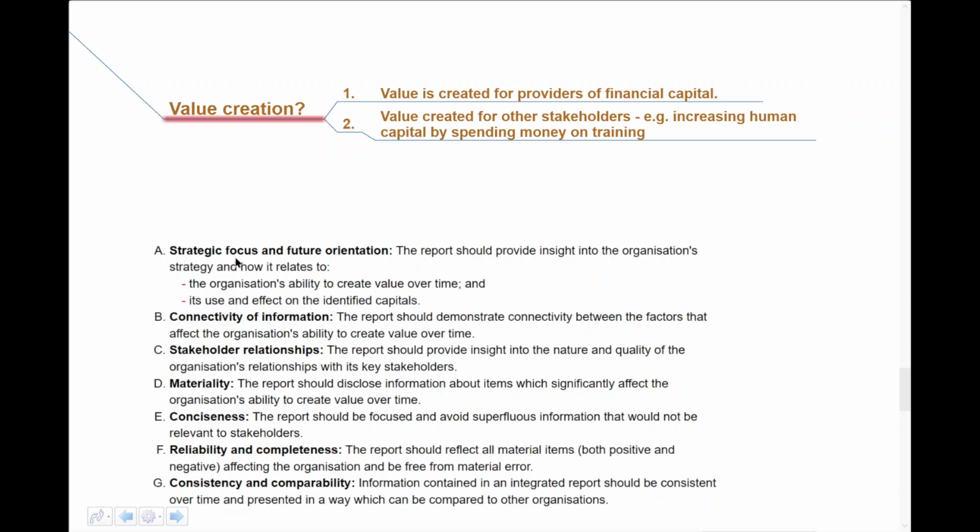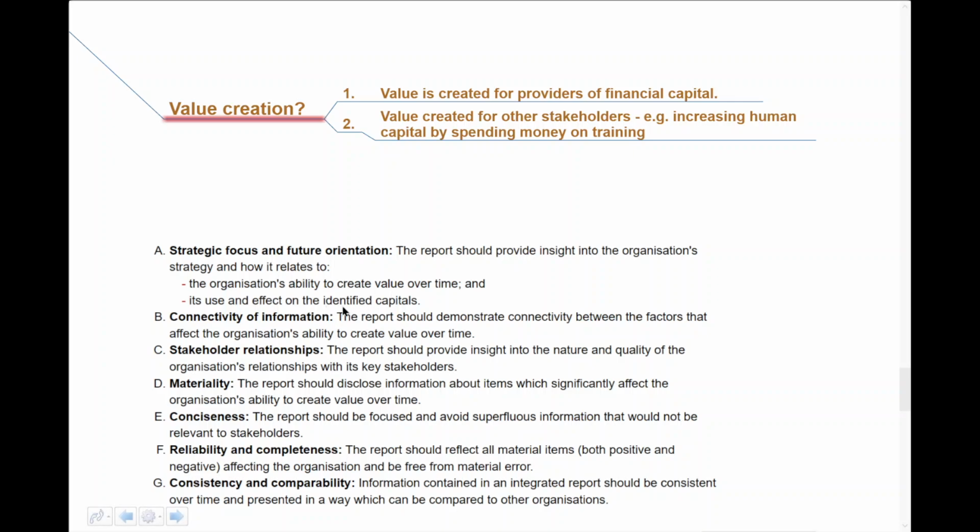First things first, a strategic focus and indeed future orientation. When we think about the report, clearly it needs to be bulletproof in this area of the organization's ability to create value in whatever way it does that, okay?